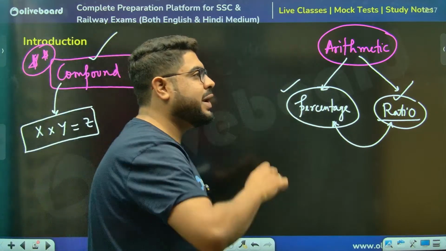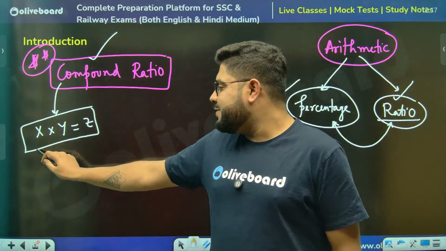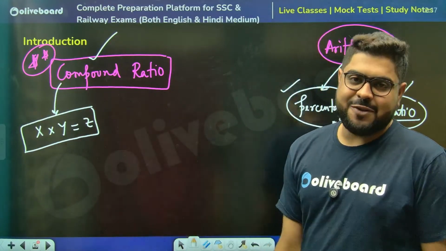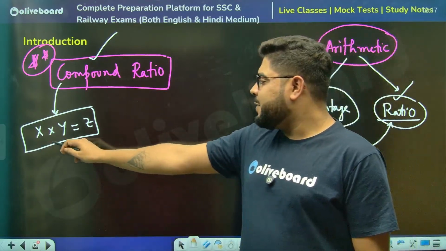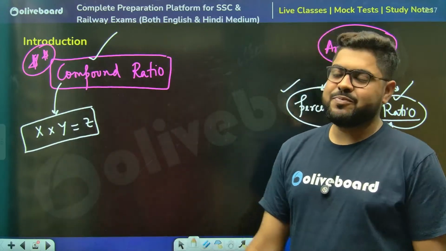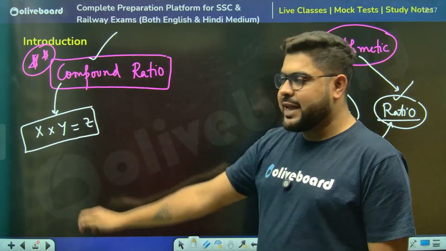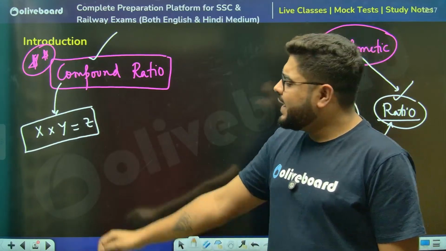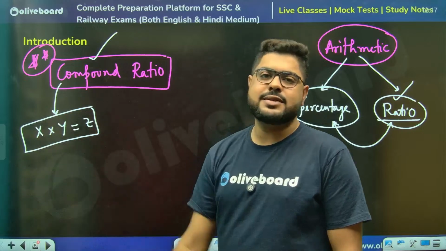In partnership, investment into time is equal to profit. Speed into time is equal to distance. Efficiency into time is equal to total work. In the percentage chapter also we are going to use this concept.